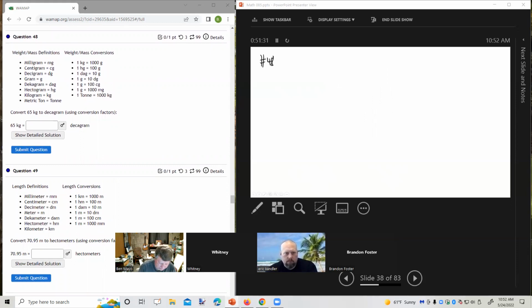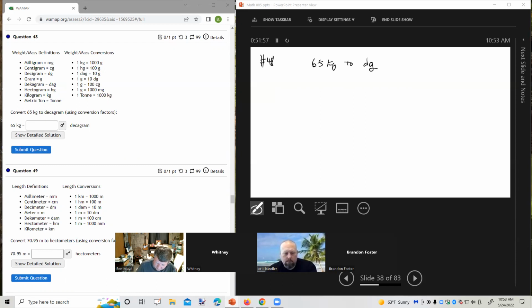48, convert 65 kilograms to decagrams. Let's see. Decagrams is, no, decigrams, excuse me, get it right. Convert 65 kilograms to decigrams, which is DG.